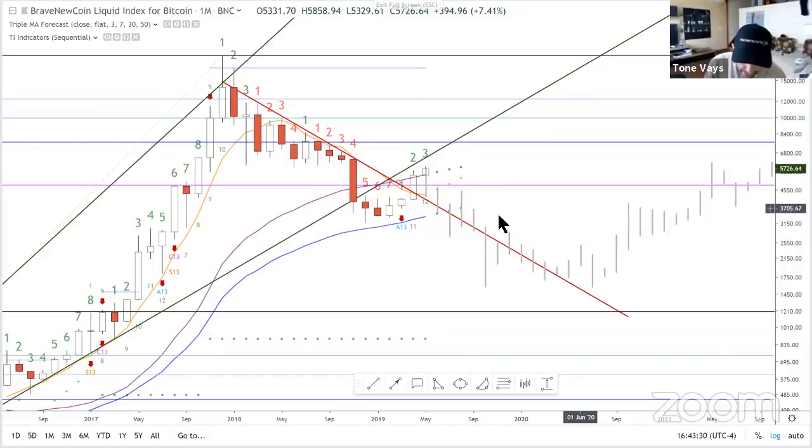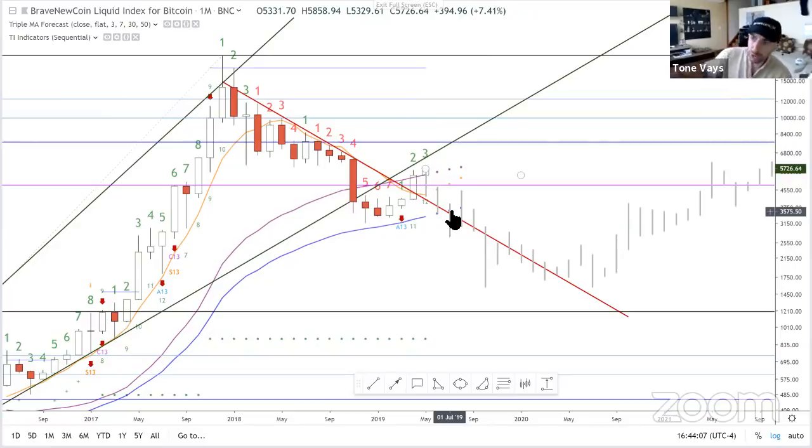I still think that this month we're somewhat likely to top and then go down, and at least try to test this line here. Now, if we fall down to that $3,000, $3,500 vicinity, and we bounce from a higher level on a monthly scale, let's say that blue moving average, that would strengthen the case that Bitcoin has bottomed, because now we would have spent 6 months in that $3,000 to $5,000 area.